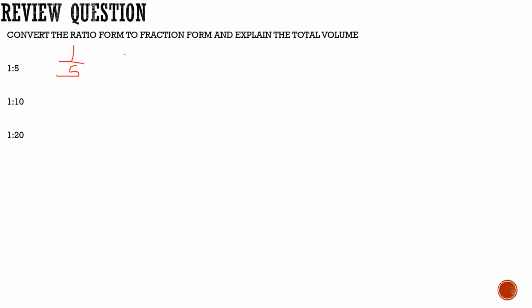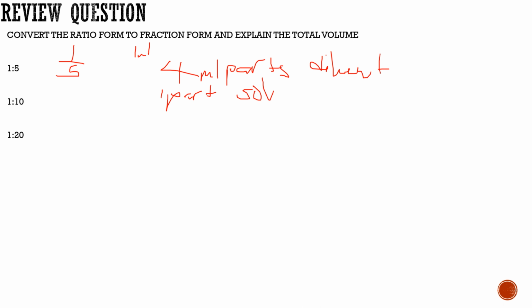And if we try to explain this, the solute is 1 ml and the diluent would be 4 ml. So, 4 parts diluent. The total volume is made of 4 parts diluent and 1 part solute.